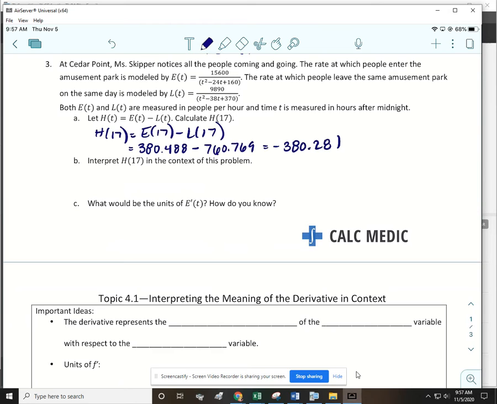And then remember, this is a specific time. So it's when t is 17. So don't forget that t is the number of hours since midnight. So 17 hours since midnight is going to be 5 p.m.